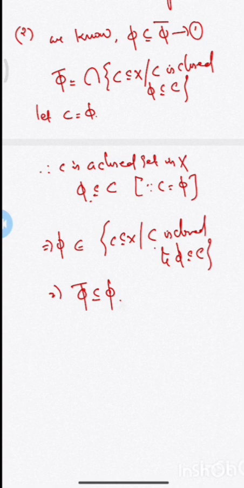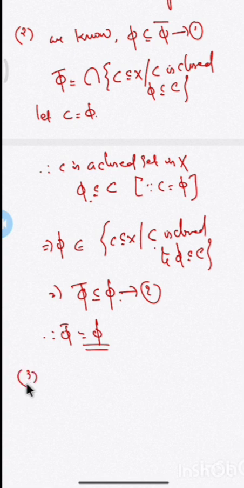What is phi closure? The smallest set containing phi. And phi also satisfies the property of this collection, so phi is one among them. Therefore phi closure will be contained in each set in this collection, therefore phi closure will be contained in phi. This is the second implication. Therefore phi closure equal to phi is a true statement.